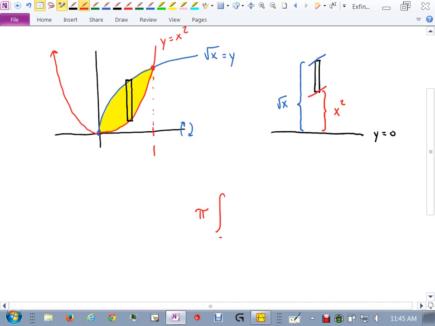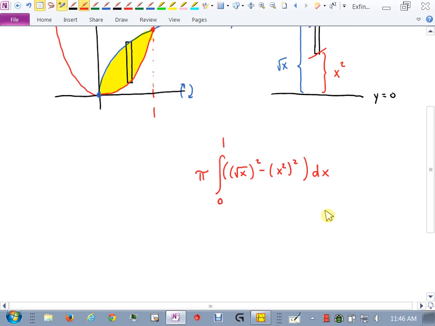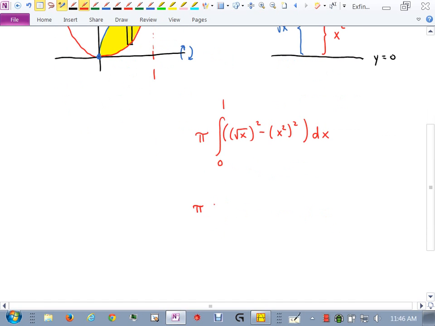So it's going to go from 0 to 1 of whatever that outer distance was, square root of x, squared, minus the one that was inside, x squared, squared, and then dx. So pi integral 0 to 1, x minus x to the fourth dx.